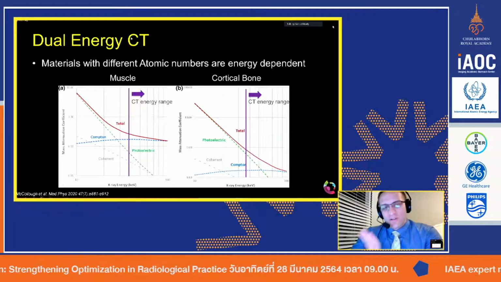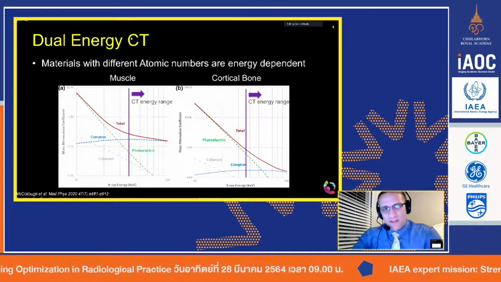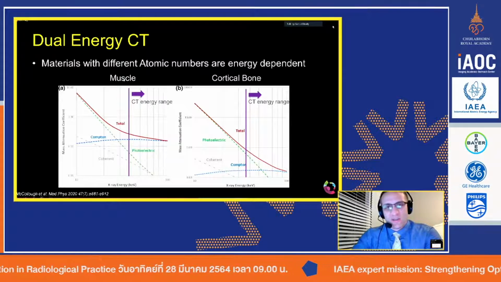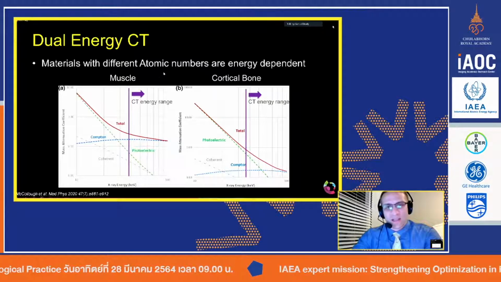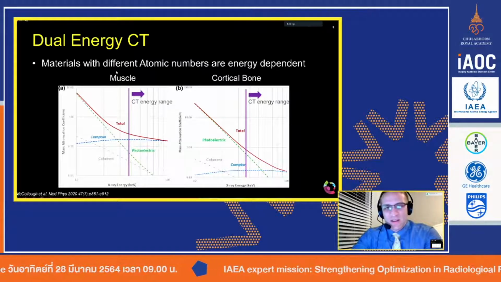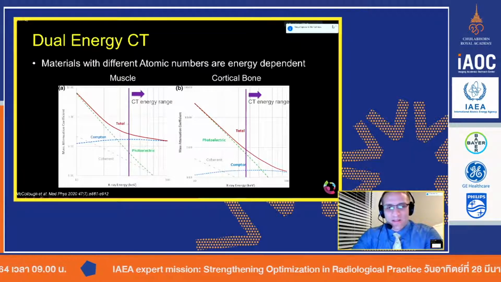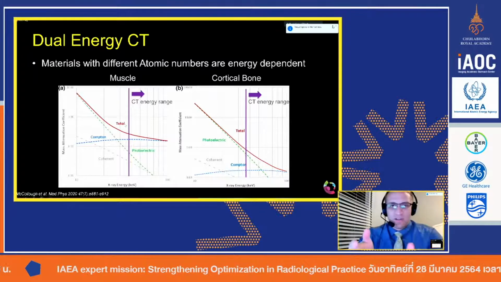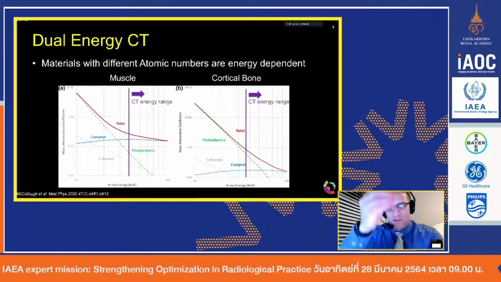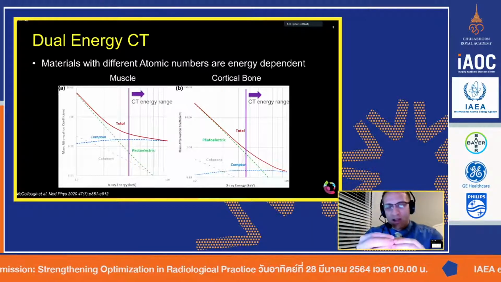So to understand how to optimize dual energy CT, we need to talk just 1 or 2 slides about fundamental physics. And so we all know, you've all been taught this in school, that the way we create an image using X-rays is the photon comes in and it will interact with the body.